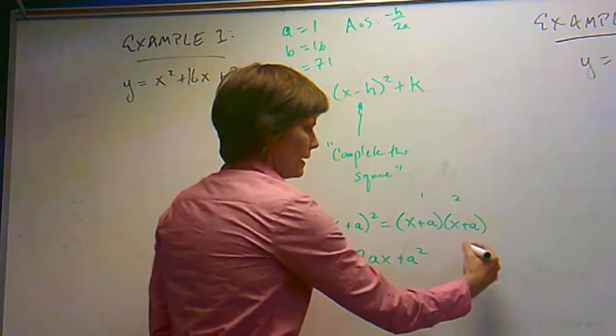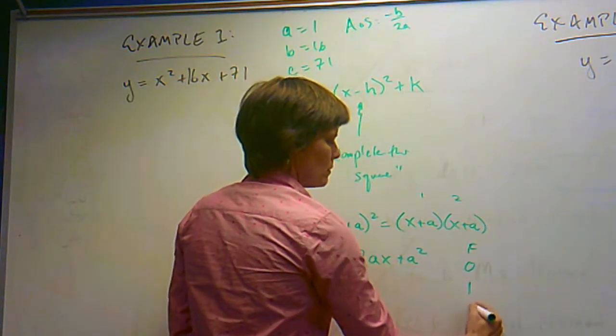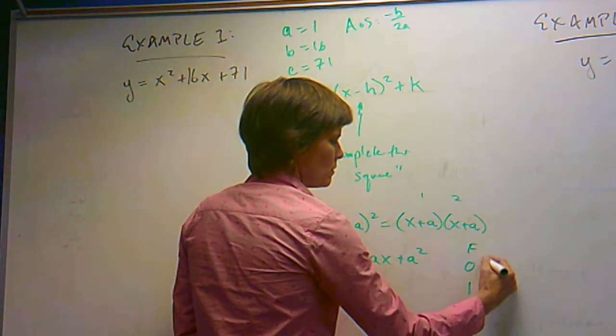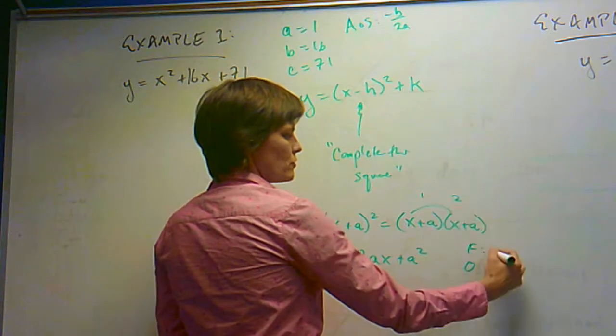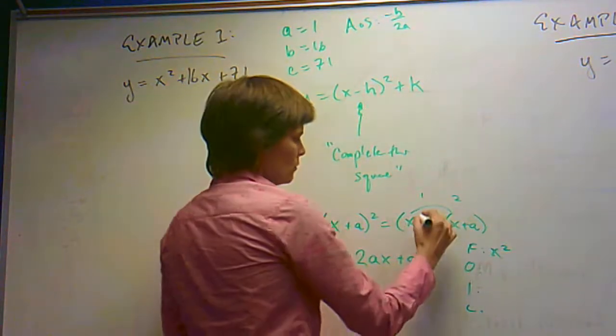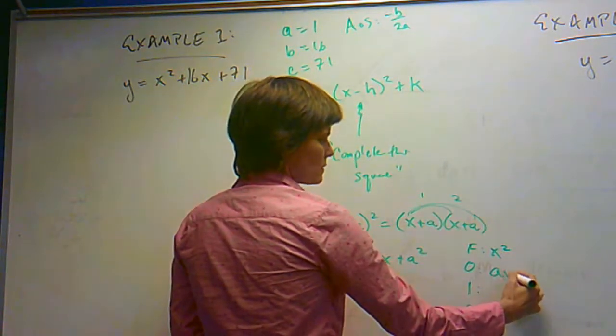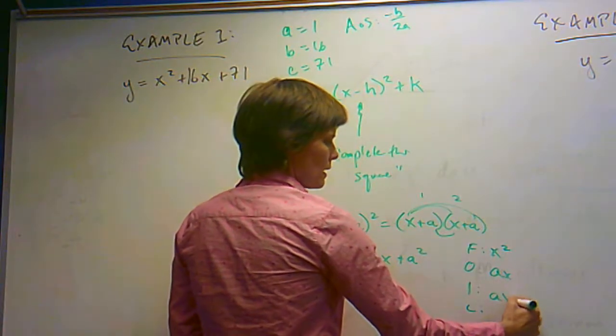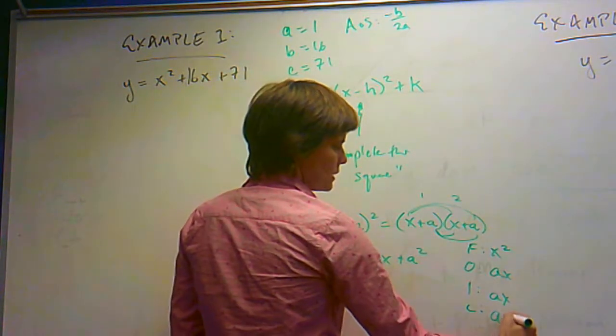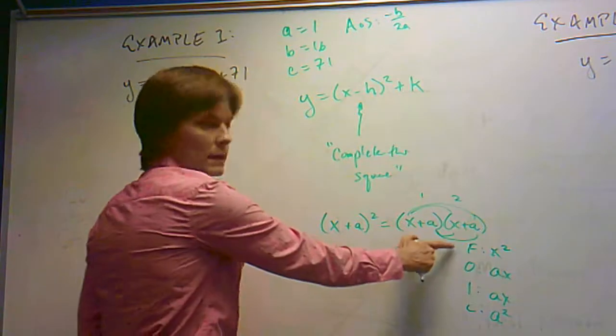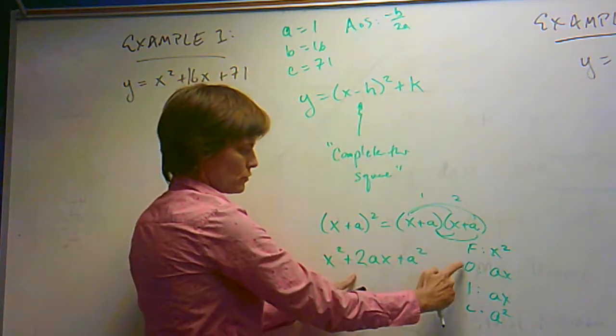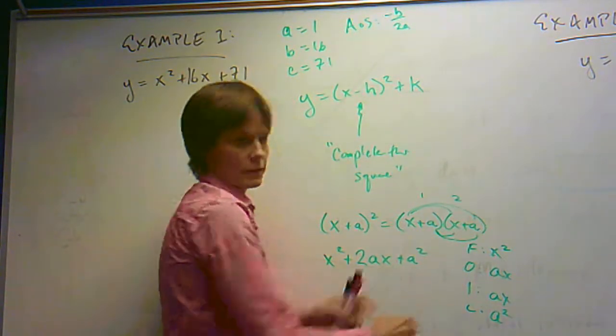And then when we multiply it out, we multiply the firsts, we get x squared. We multiply the outers, we get ax. We multiply the inners, we get ax. We multiply the lasts, and we get a squared. We add them together, we get x squared plus 2ax plus a squared.